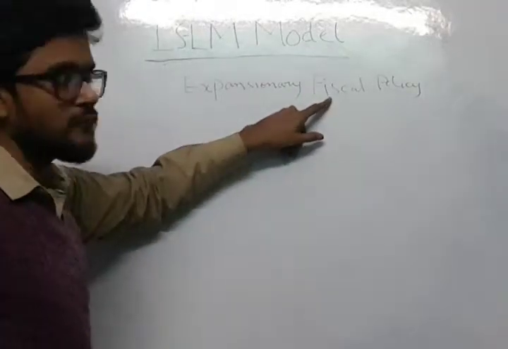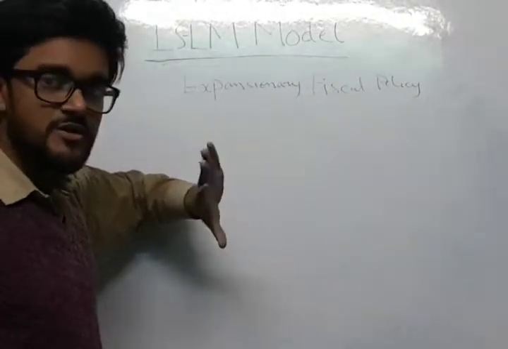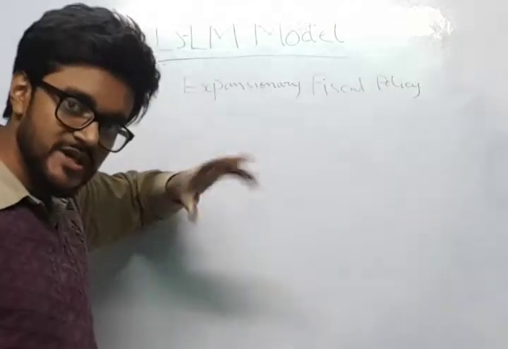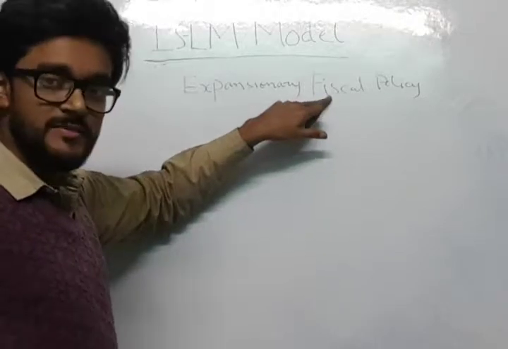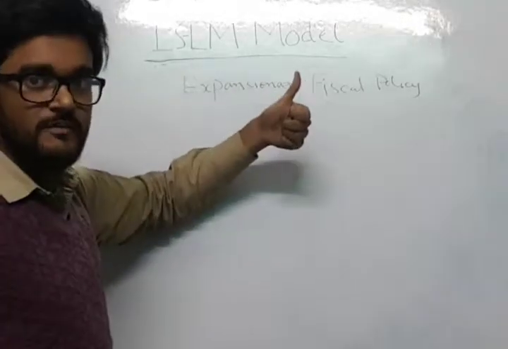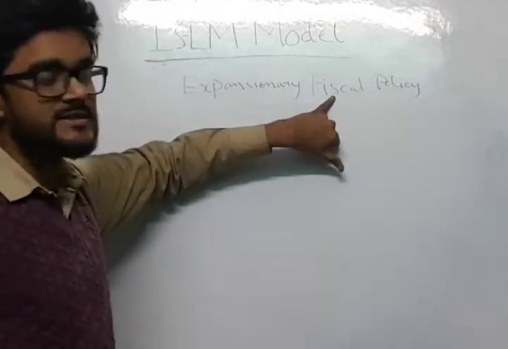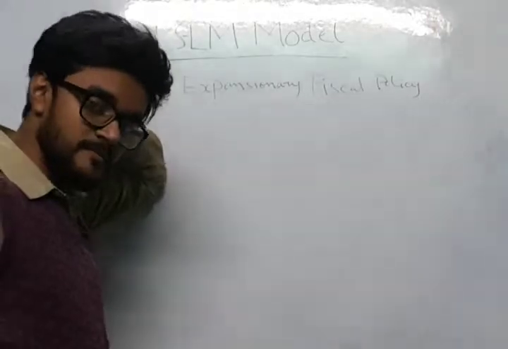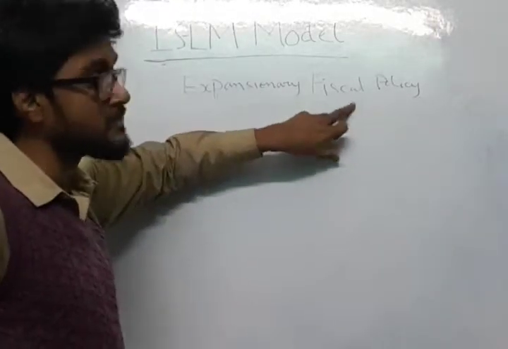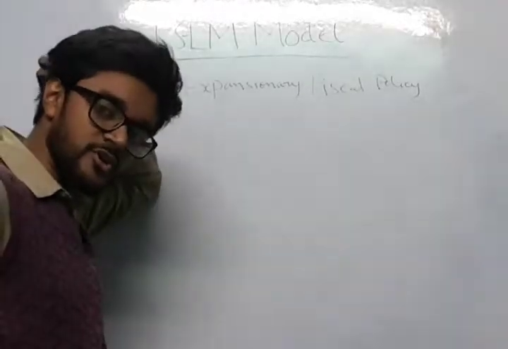Now we already know fiscal policy is what? Fiscal policy is the change in government expenditure or change in taxes. If there is an increase in government expenditure, we call it expansionary fiscal policy. If there is a decrease in government expenditure, we call it contractionary fiscal policy. If there is an increase in money supply, we call it expansionary monetary policy.